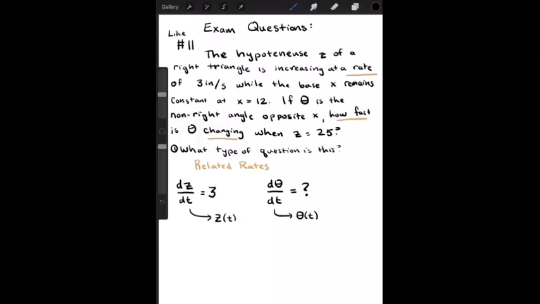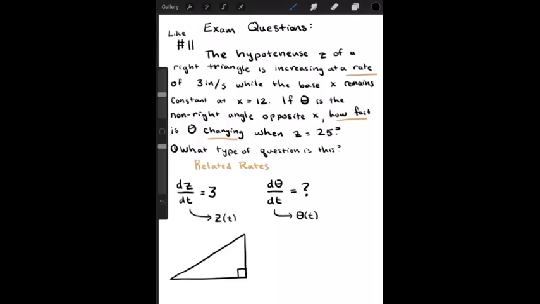So, one of the first things that we should do with many word problems, but especially related rates problems, is draw a picture. This is talking about a right triangle. So we've got this guy.